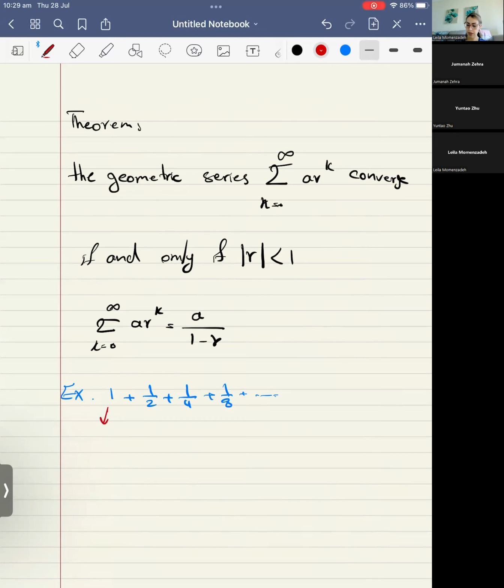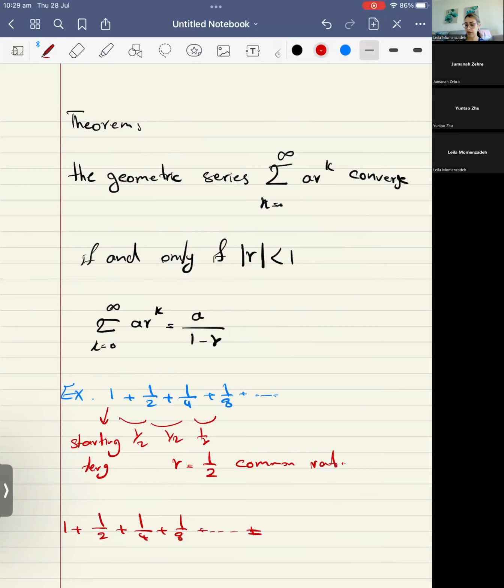This one is the starting term, then times by 1 over 2, so r equals 1 over 2 is the common ratio. It means that 1 plus 1 over 2 plus 1 over 4 plus 1 over 8 and so on is equal to a over 1 minus r.